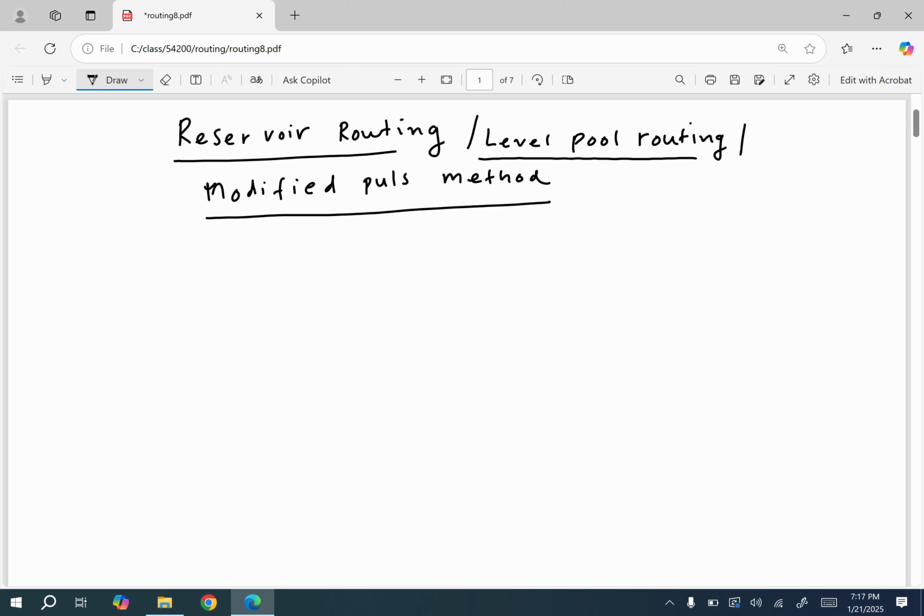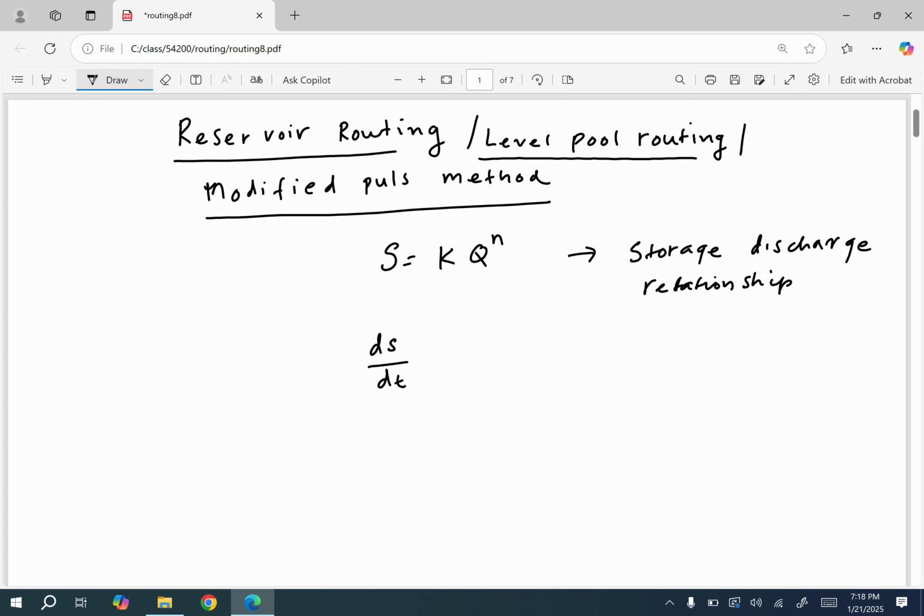In the case of a nonlinear reservoir, we have a relationship between storage and discharge as S is equal to K Q to the power of some exponent N. So we have the storage discharge relationship, and then we need the continuity equation, which is dS over dt is equal to I(t) minus Q(t).